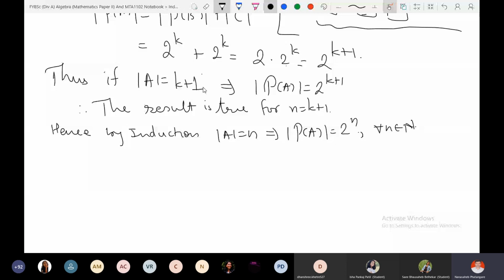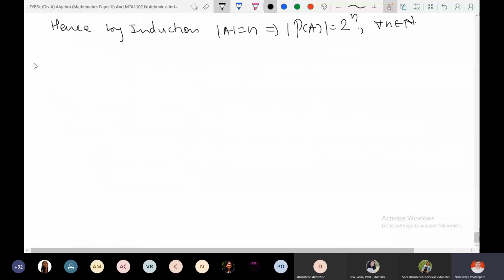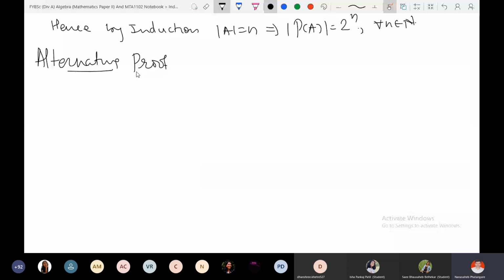Okay. So the proof by induction is clear now. Right. So an alternative proof is there. Suppose, without induction, meaning direct, the cardinality of A is equal to n. Suppose A has n elements.